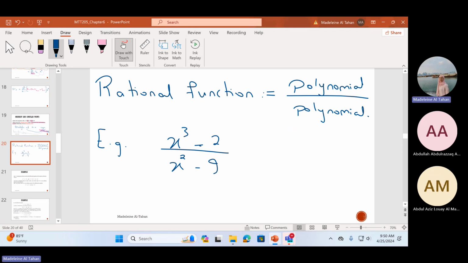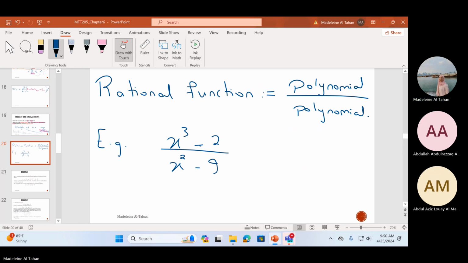Now, what do you think about rational functions? Let's look at this function. What do you think about that? Is it analytic? Or at which points is it analytic? It will be analytic at 3.